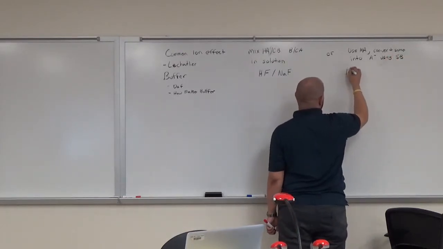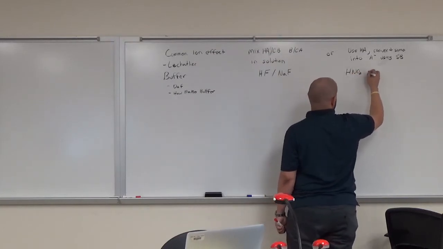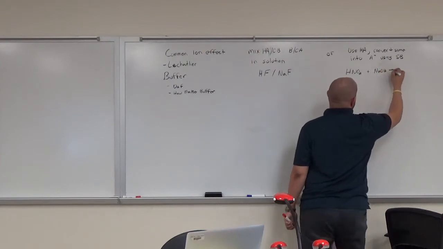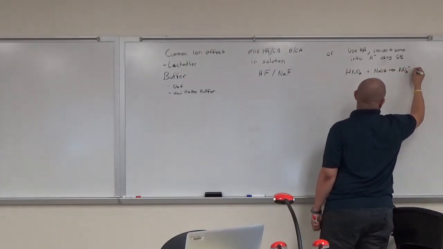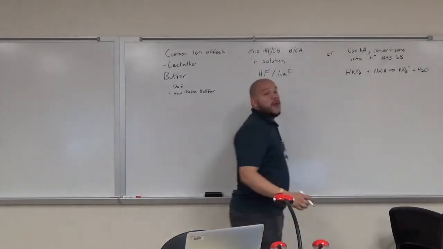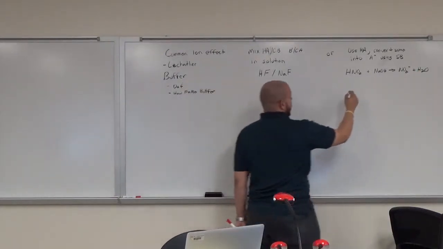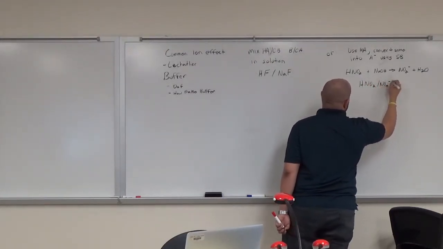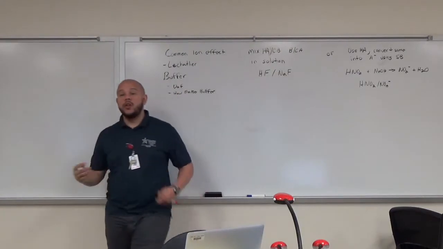So in the case of, let's say, HNO2 plus NaOH, we create some of the NO2- plus water. And therefore we have made our acid-conjugate base pair in solution. So we can do it one of two ways.